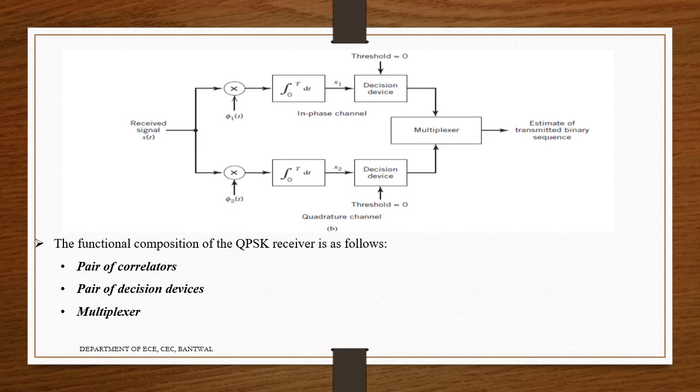Again the same for the quadrature phase, and that is added in the multiplexer, and then we estimate the binary sequence. So this is the pair of correlators, and this is the pair of decision devices for the two cases, and the multiplexer combines the signals.